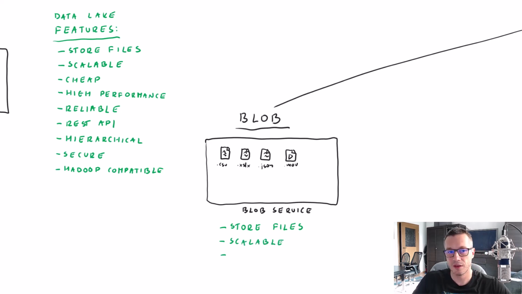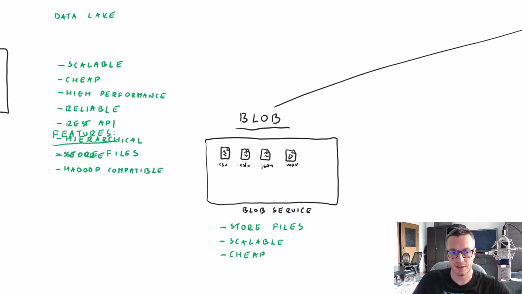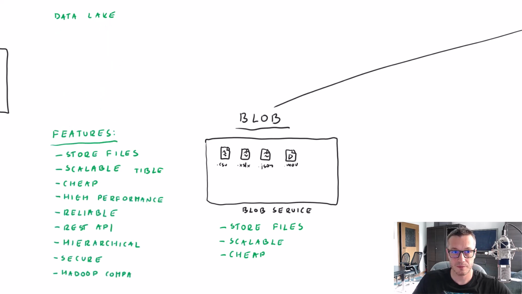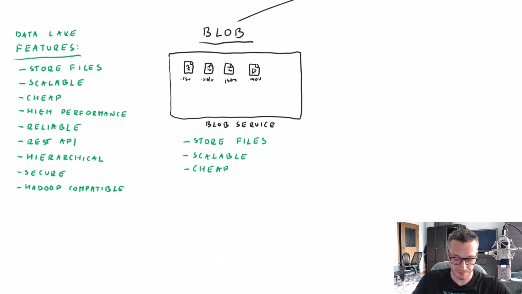Is it cheap? Pretty much. We didn't go into pricing yet, but we'll do this. You have to believe me that Blob is pretty cheap. And let me move those features a little bit so it would be easier to see all of this.